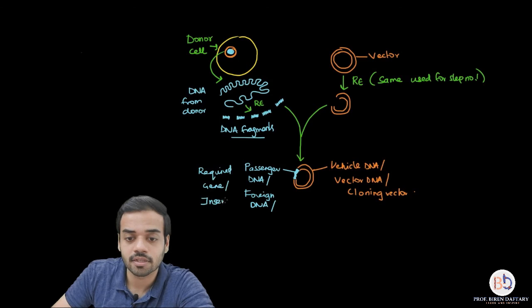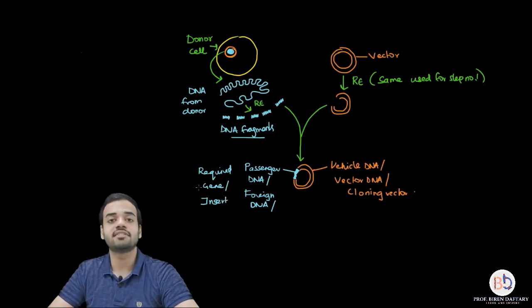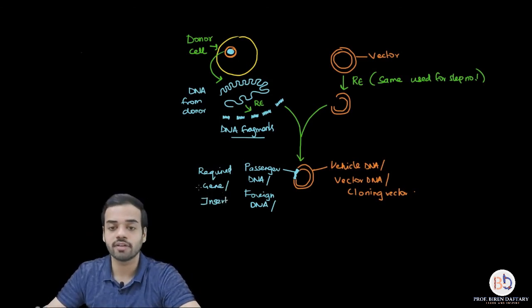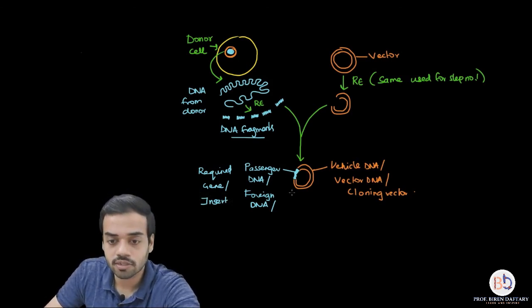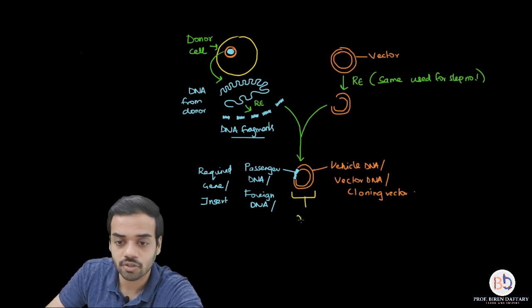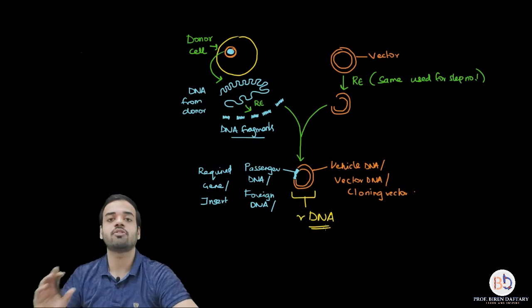Please remember, it is also called a DNA insert. Insert means it is inserted into the cloning vector, and together this entire molecule, what is it called? This is called your recombinant DNA. Is this clear? So now you have the recombinant DNA.